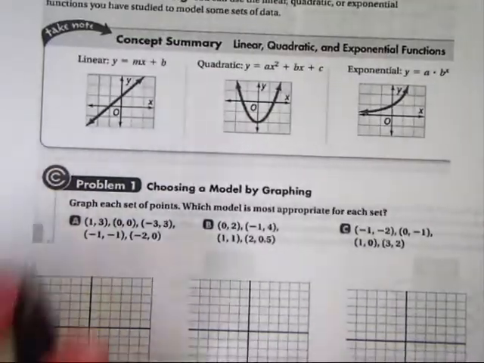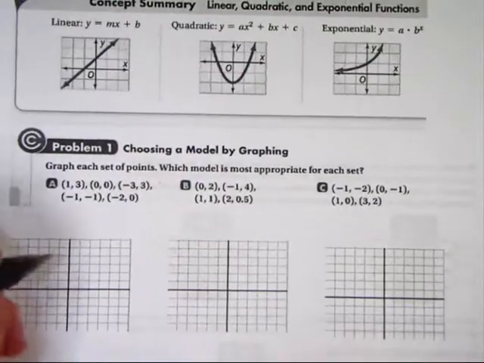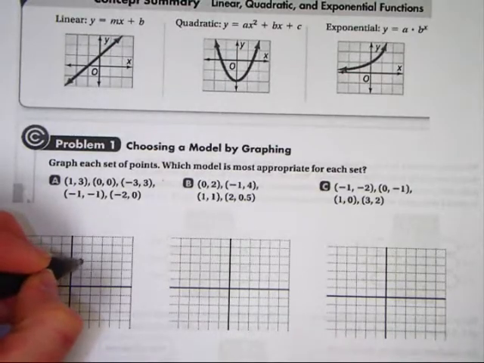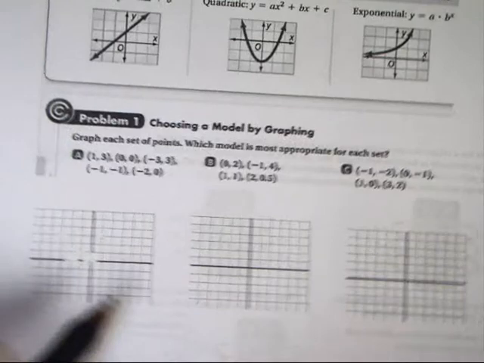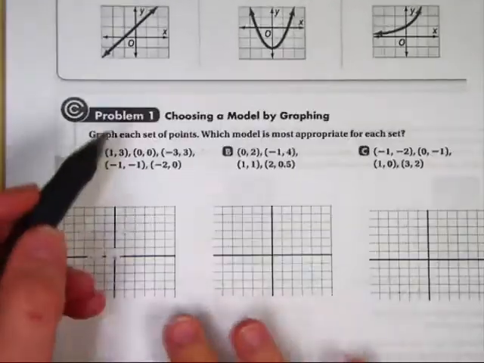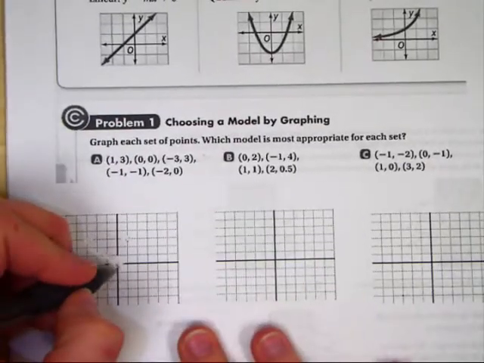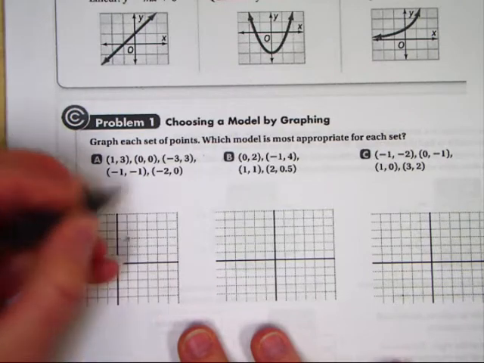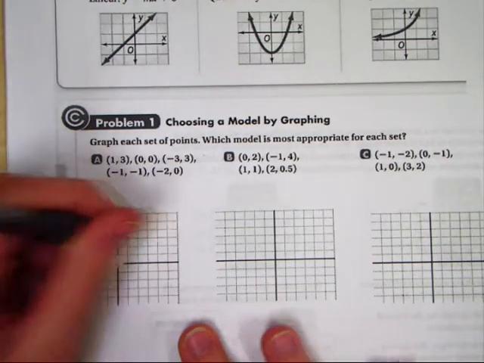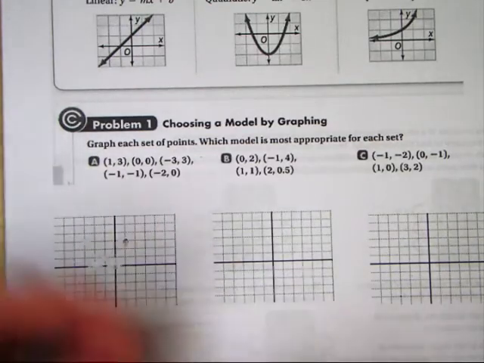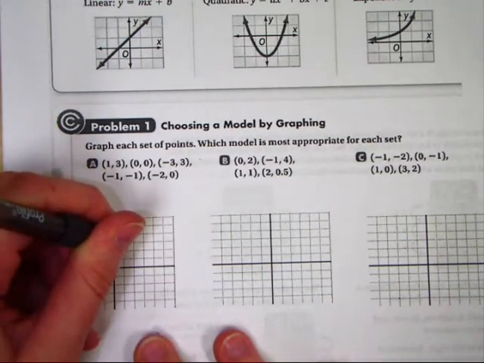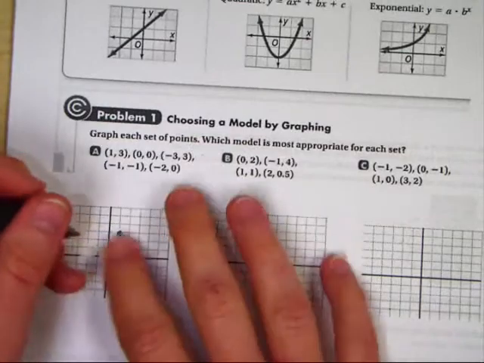Problem 1. Plot your points, and then we're going to see if we can tell which one it is. So 1, 3 is right 1, up 3. There we go. 0, 0 is right in the middle.